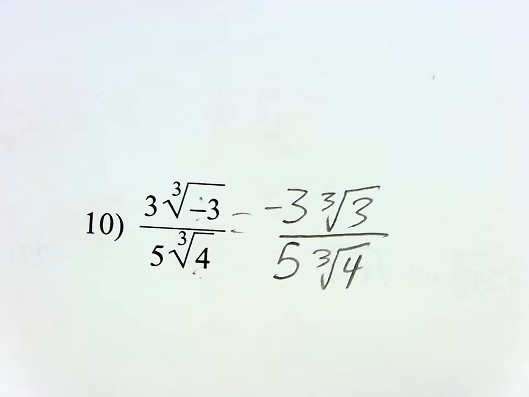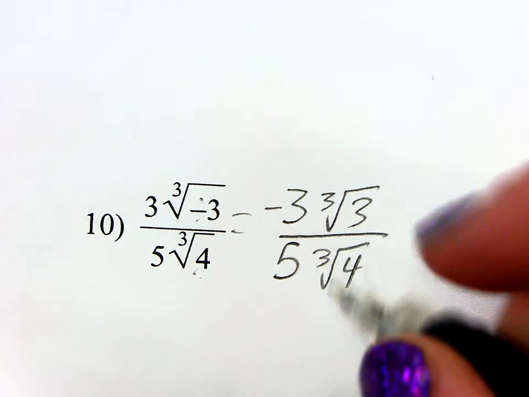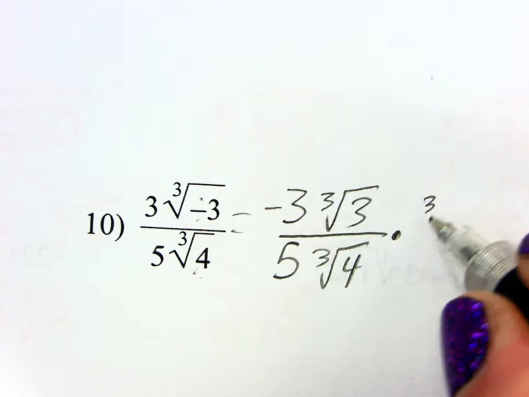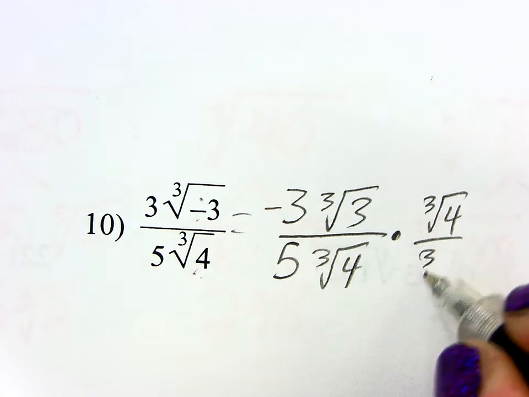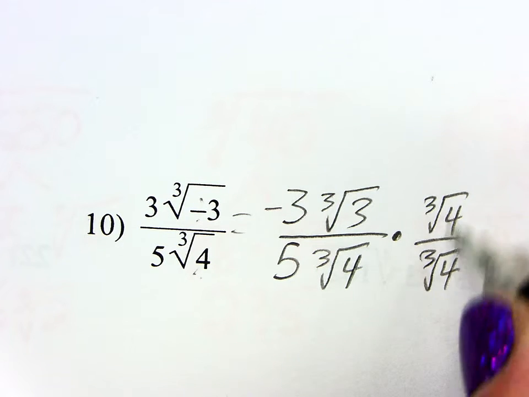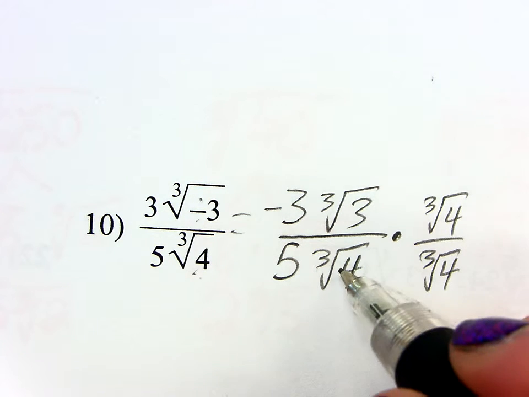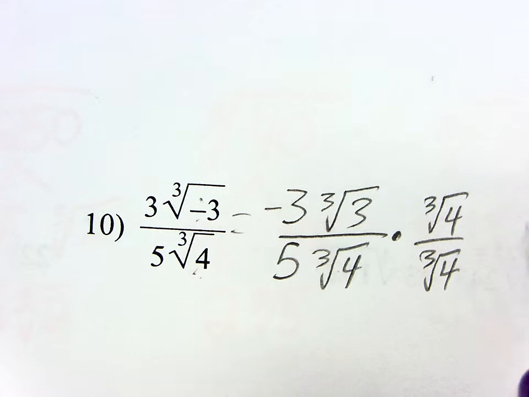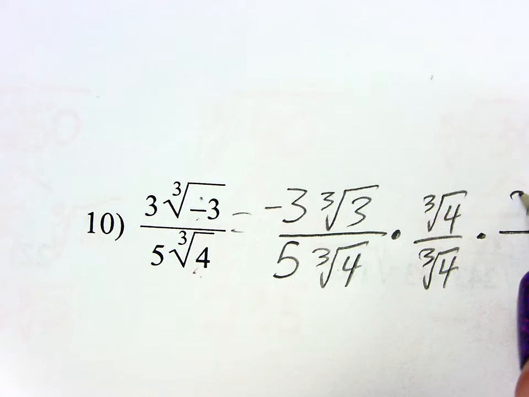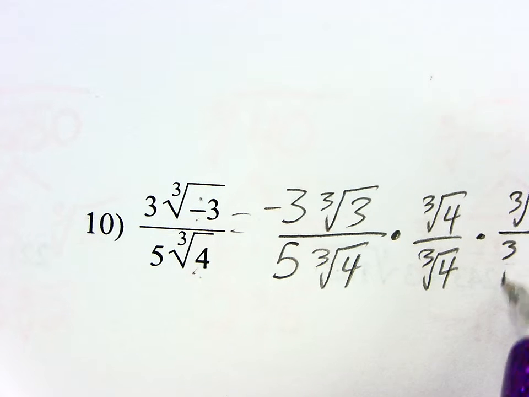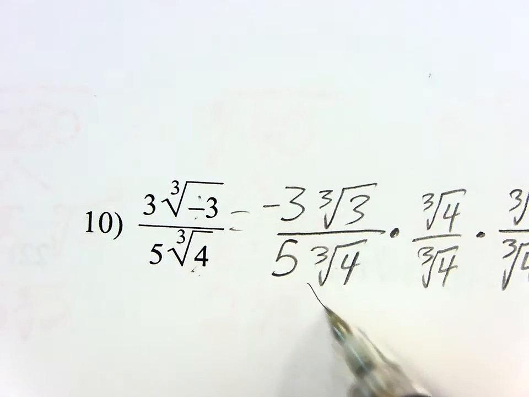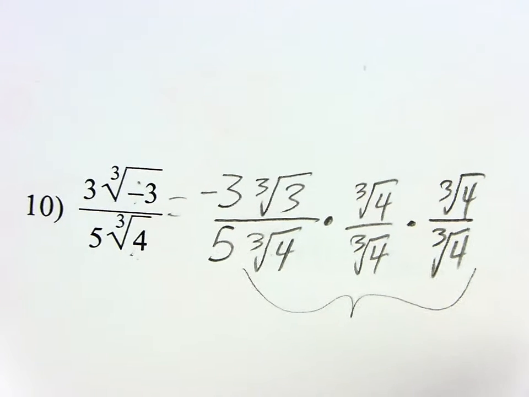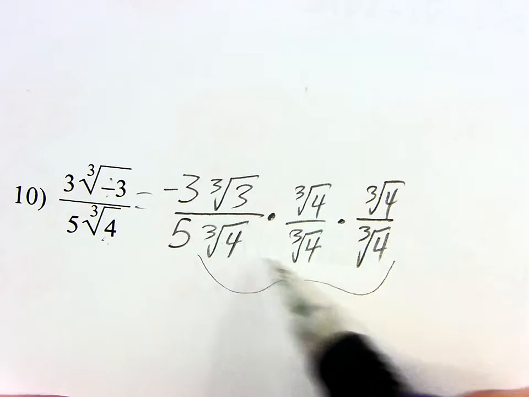So I need to get rid of that cube root of 4 downstairs. The only way to undo a cube root is to cube it. So I multiply by the cube root of 4 over the cube root of 4 because that's really just 1. But I can't stop here because cube root of 4 times cube root of 4 is just cube root of 16 and I'm no better off. I have to do it one more time. So now you see I'm cubing a cube root.